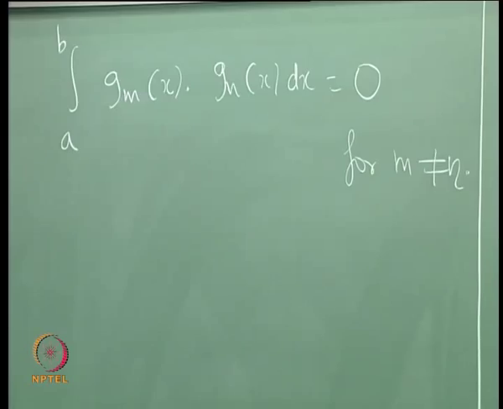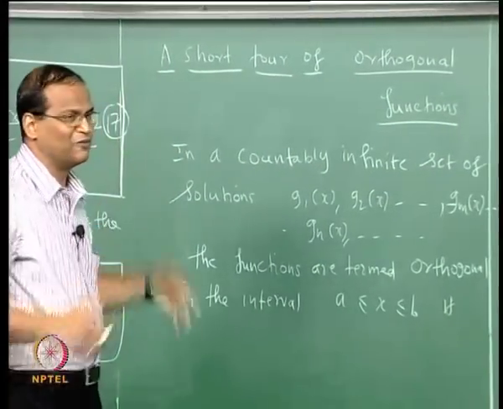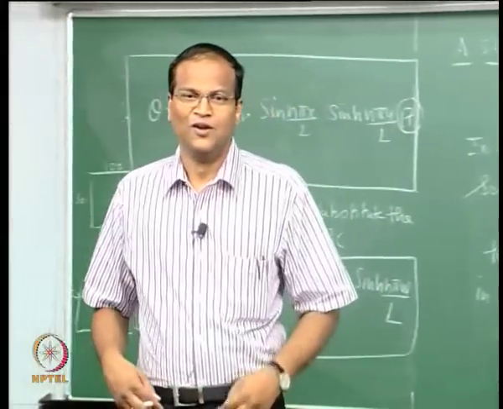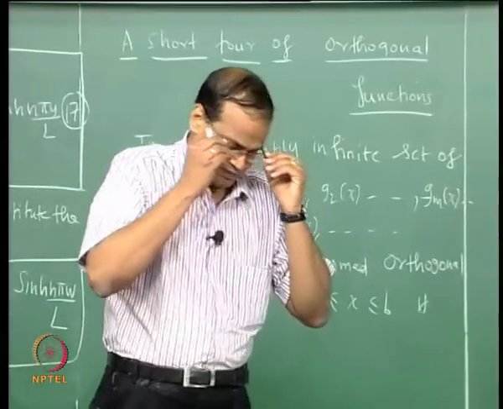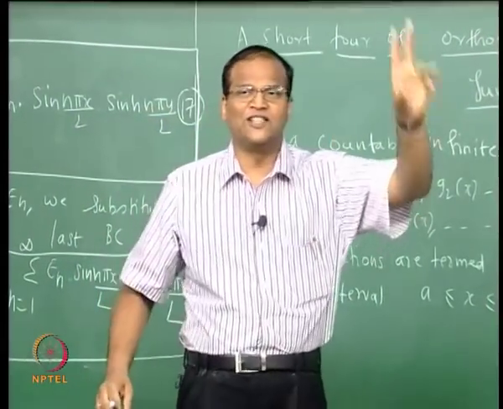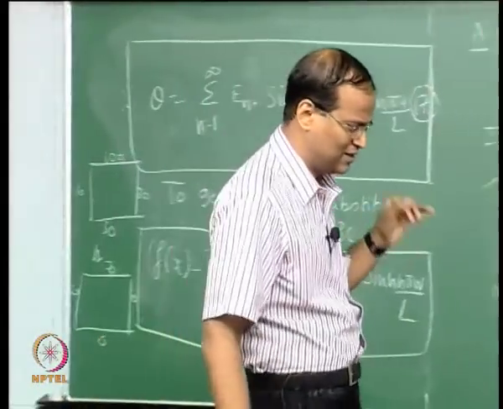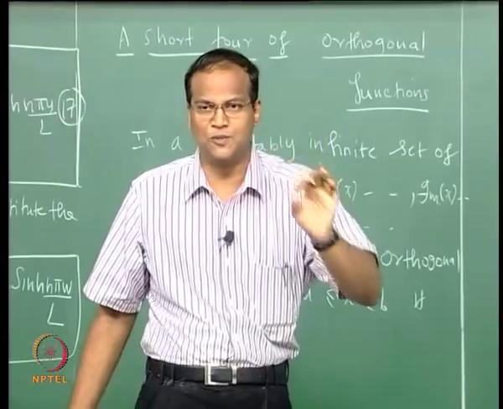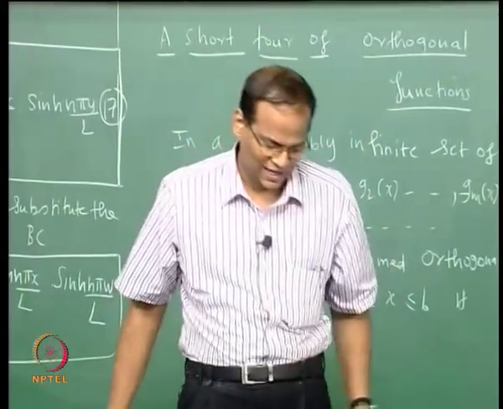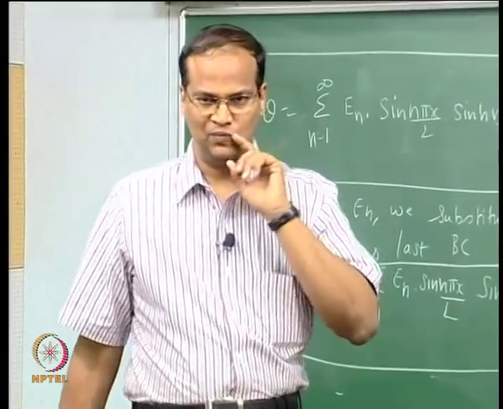Okay. Now what is the big deal about it? Okay, they found some functions g1, g2, gn that are orthogonal. What is the big deal? Now if f of x is an arbitrary function of x, we are exploring the possibility of representing f of x as a linear combination of orthogonal functions.